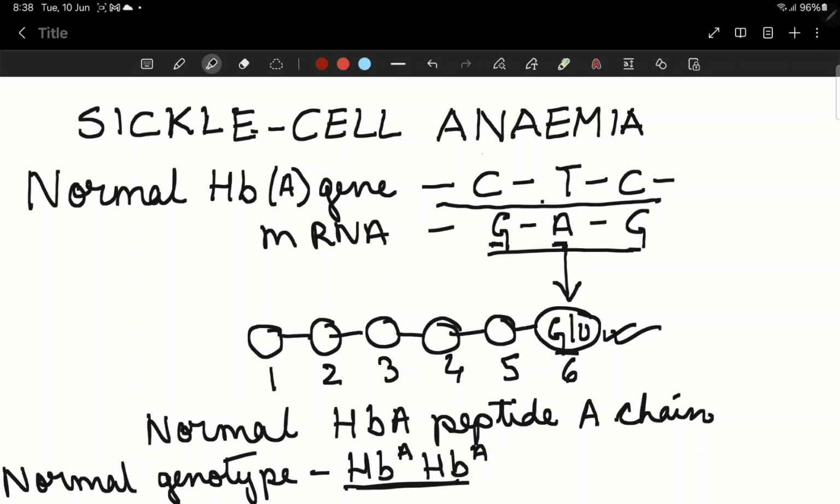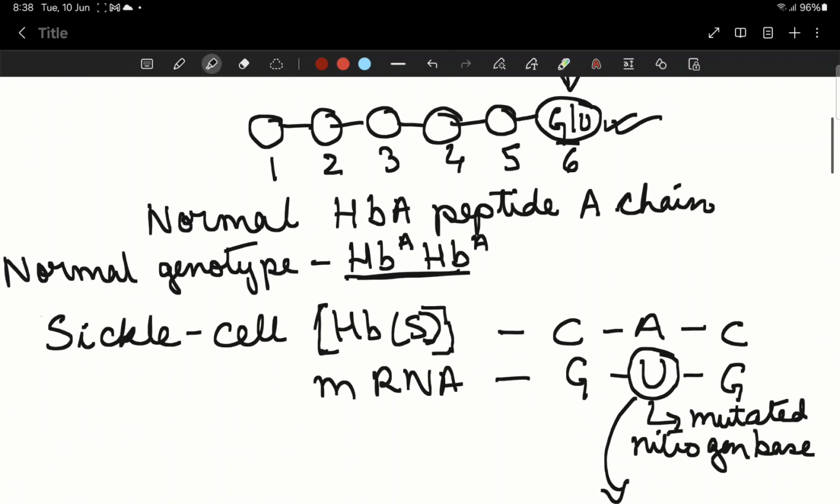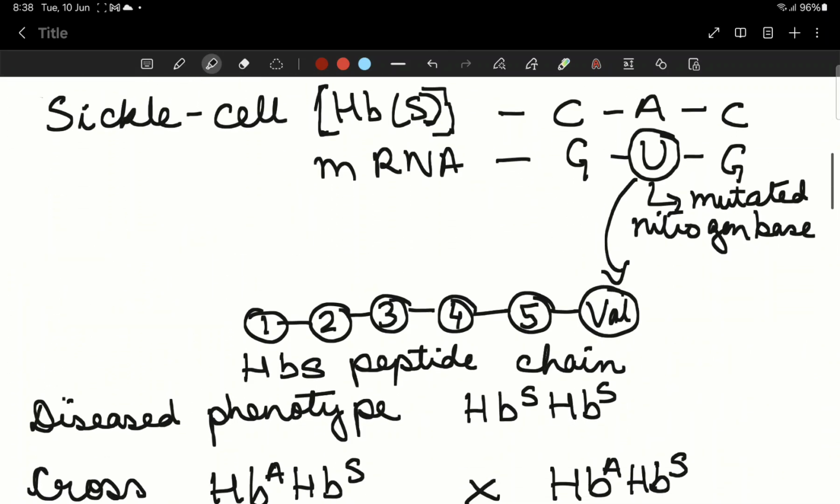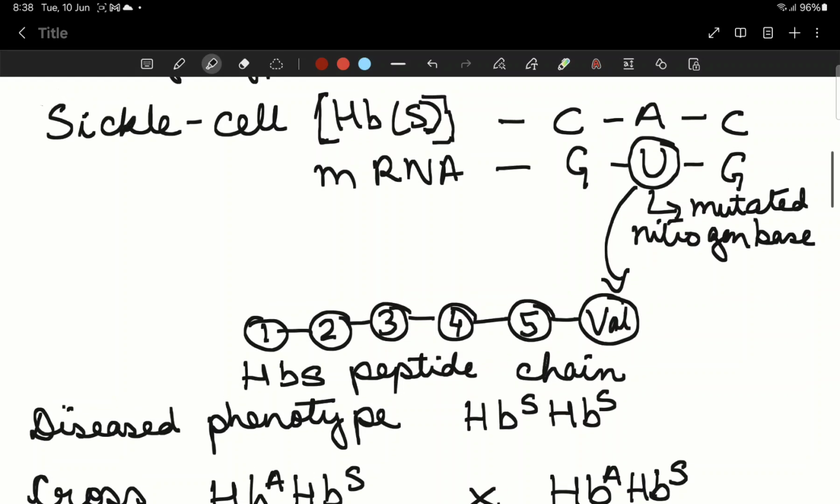But what about a patient having sickle cell anemia? The patient has a diseased genotype, that is HBS. In the normal case what we find is CAC, right? In this one it changes from thymine to adenine.